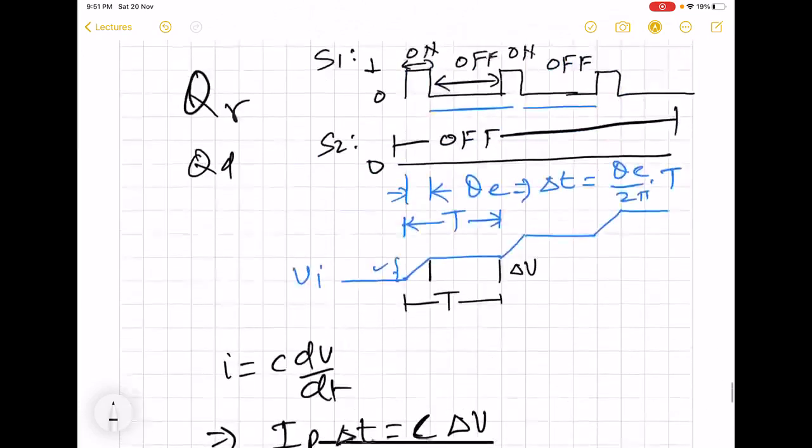So we see that in every cycle, the voltage rises by the same amount and the cycle duration is also the same. So this average value is going to be the same. If we find out this average value, it will be like this.